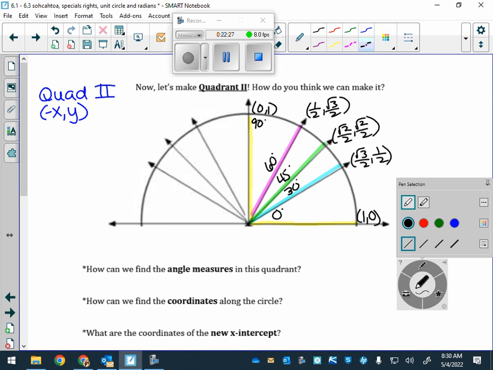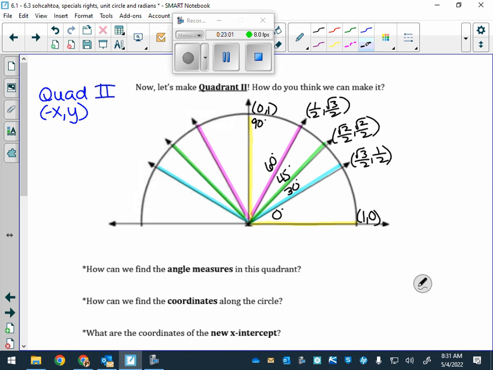Excellent. Okay, so these are similar angles. However, our x values are just negative. We don't have to do anything else. So we're going to fill out our colors for these three: my blue, green, and pink.